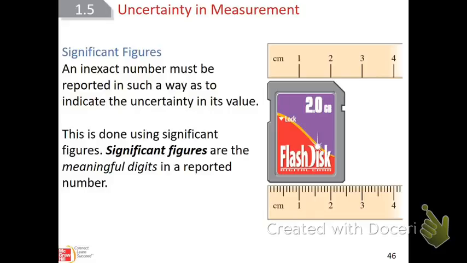If the 0 comes at the very beginning of the number, that could have happened because in this case, we recorded this little disc in centimeters. Well, what if your report that you were filing asked for it in meters? Now you have to change from centimeters into meters, and that is going to require you moving your decimal.